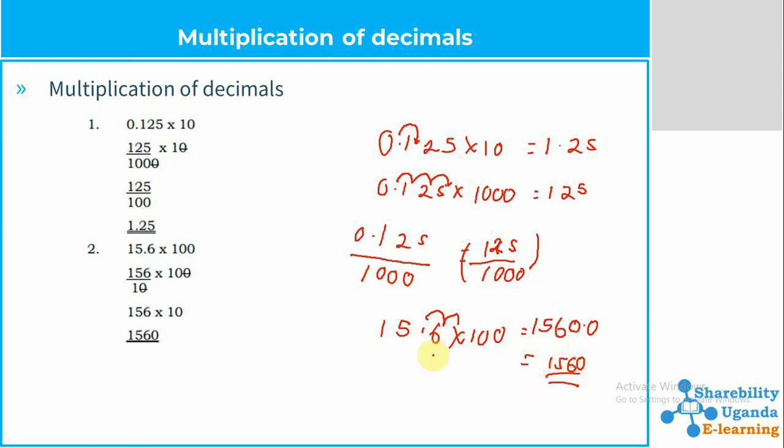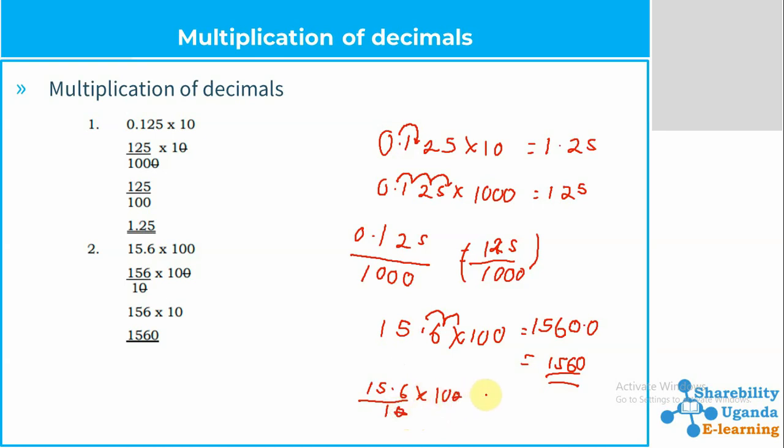If we use a different method, we first make this 15.6 out of 10, because we only have one decimal place. Now we multiply by 100. Here we can cancel this and this.